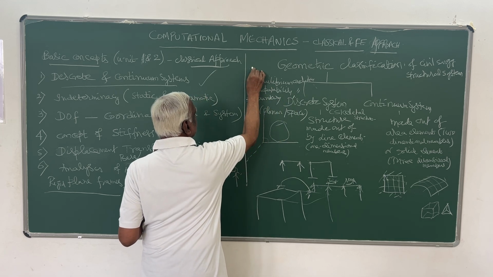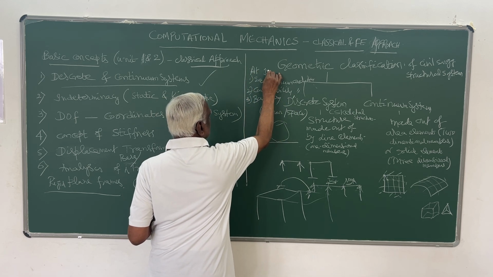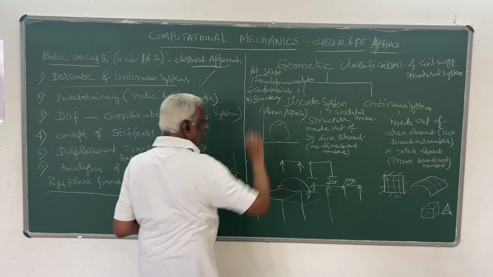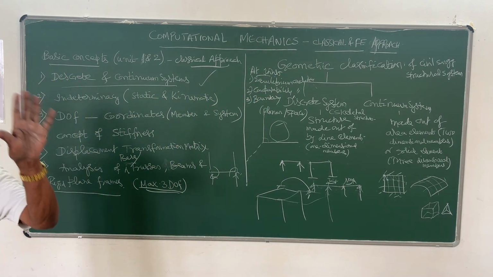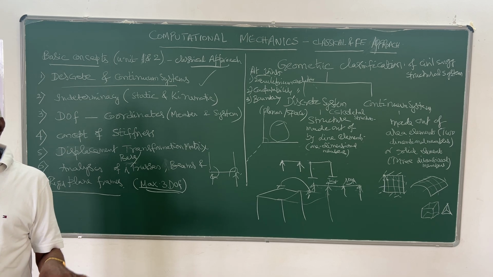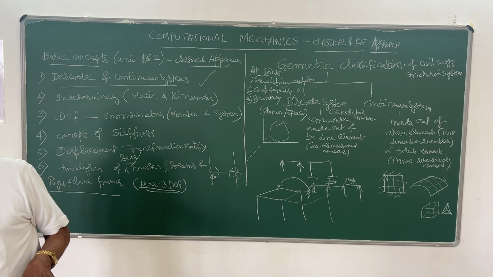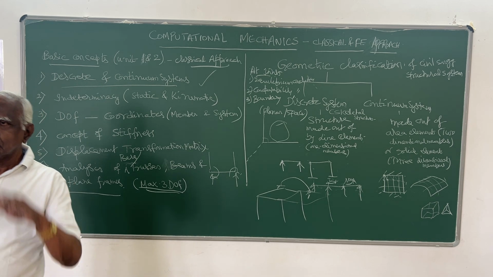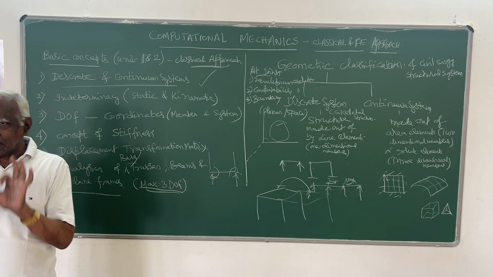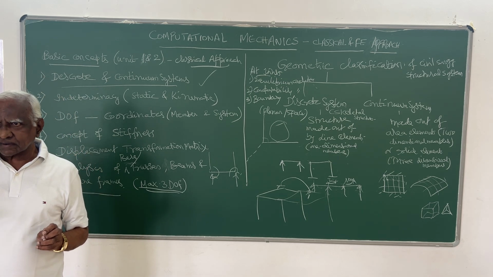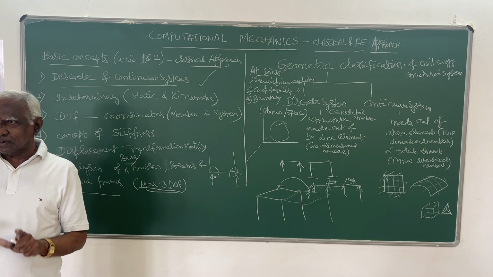So at each joint or node, because the entire structure has to be in equilibrium due to the external force and the development of internal stresses, the structure should be in a stable or stationary condition. Stable or stationary means equilibrium condition.